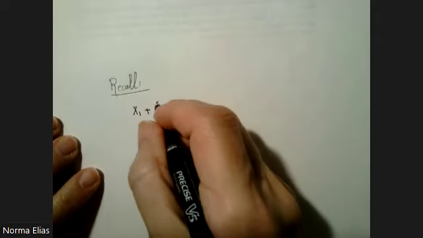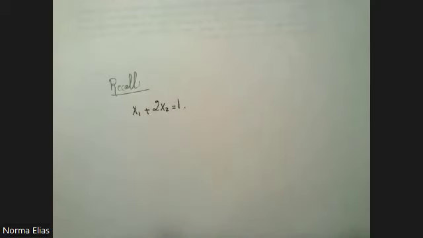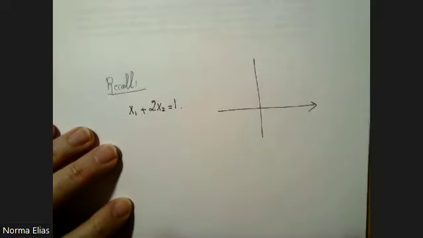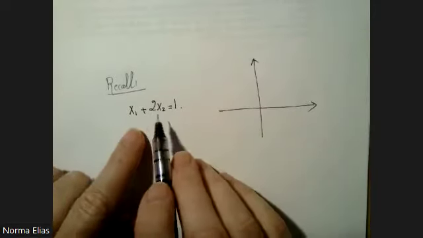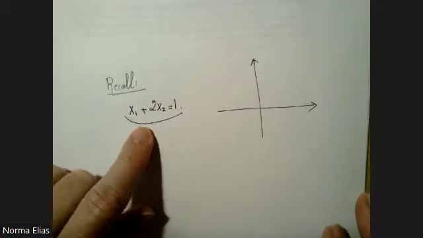So let us recall from the first lecture, I guess. I gave you a linear equation in 2 variables, and I asked you, how can you interpret the solution geometrically? And you said every solution is going to be a point on the line given by this equation.